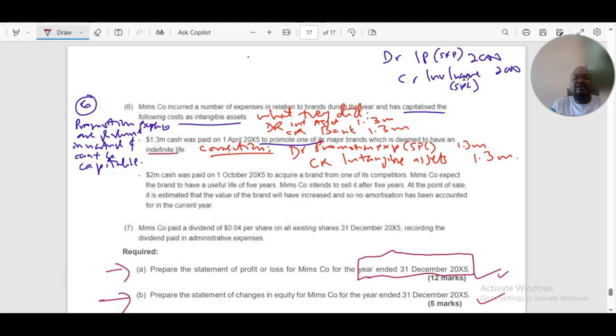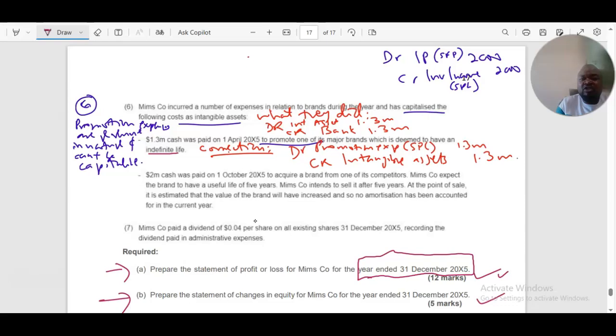Okay, so that's it for now. This one now has got a useful life that is known. So we need to subject it to some amortization.